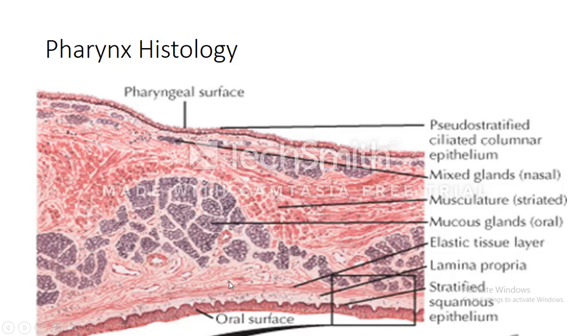In this type of connective tissue, you have elastic fibers. Okay, and this is an acinar tubular gland. This is a kind of salivary gland. Okay, very good.